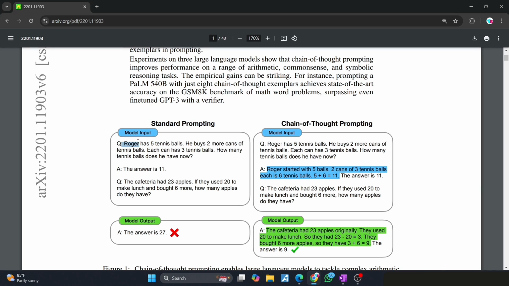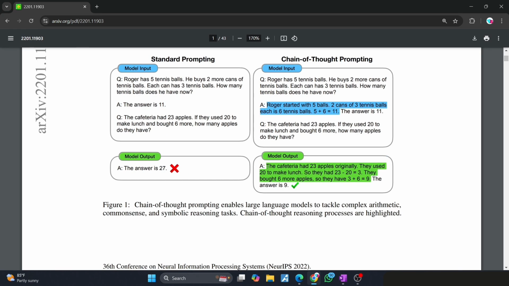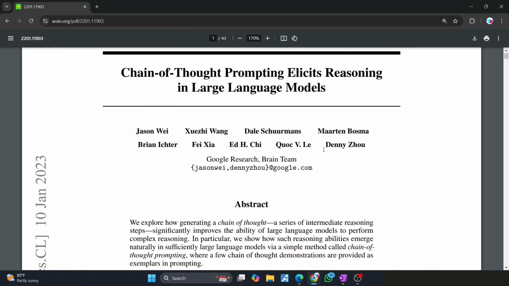Let's not get into what the example was. They gave it an answer as well and tried one more question. So they tried 1 shot initially, that didn't work. So they then, instead of just telling the answer, explained the logic for the answer. And then when they tried the next question, it was able to give a response which is more accurate, or in fact the accurate one, right? So chain of thought was introduced by this paper.